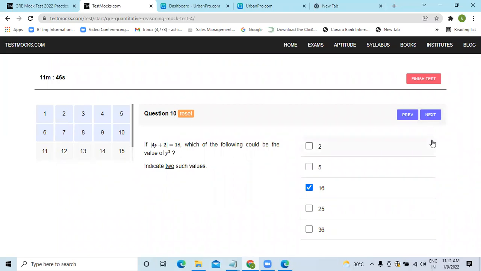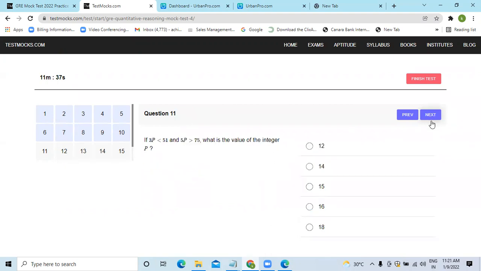Yes, two such values. 16 and 25. It's going to be 16, sir.